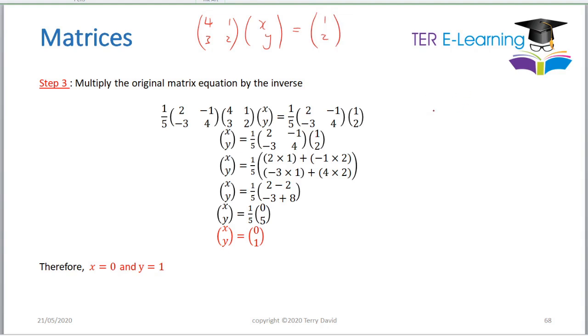Now here's the thing. You see the rules when we spoke about the identity matrix? That is what is coming into play. The inverse of a matrix multiplied by the matrix will give me the identity matrix. That's a rule.